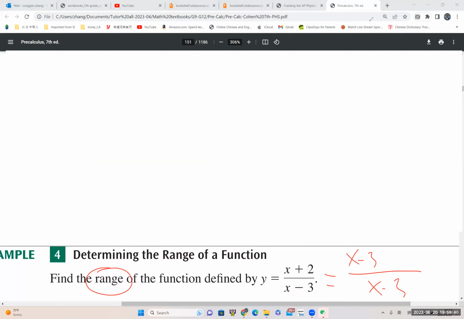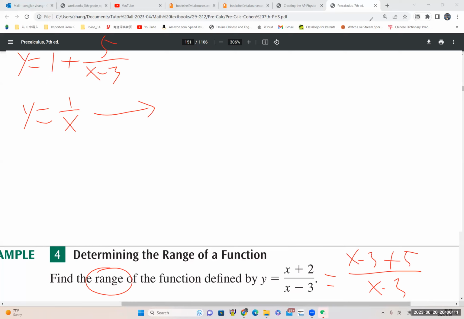Then here is plus 5. Then we get y equal to (x minus 3) over (x minus 3) is 1 plus 5 over (x minus 3). Now can you find its parent function is y equal to 1 over x, right?